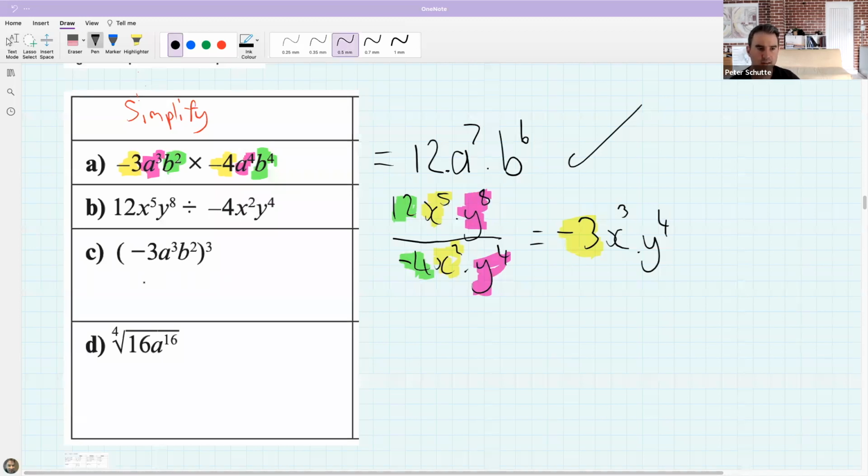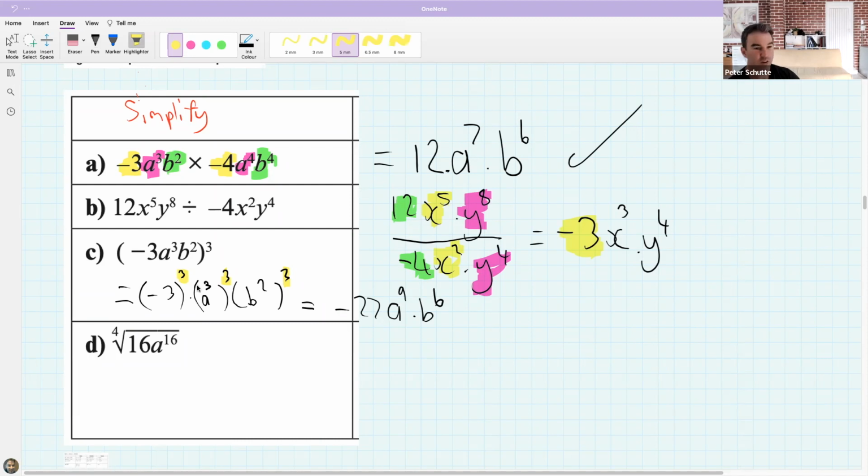Let's have a look at C. So with C, there's different ways of doing it, but I think let's do it like this initially. You'll notice that the 3 gets applied to each of the items inside the bracket, which gives me -27, a to the 9, b to the 6.